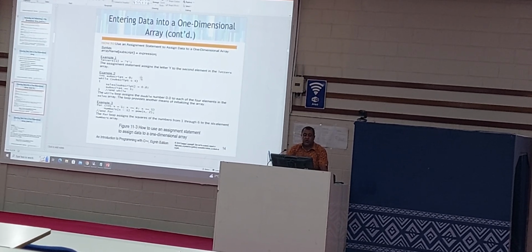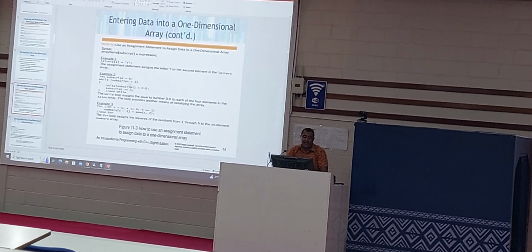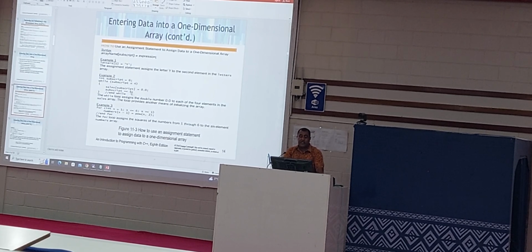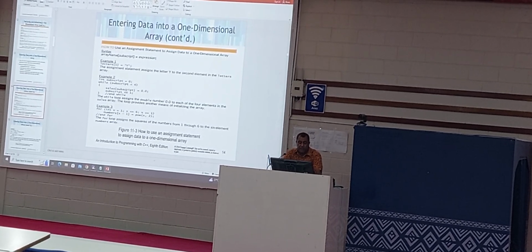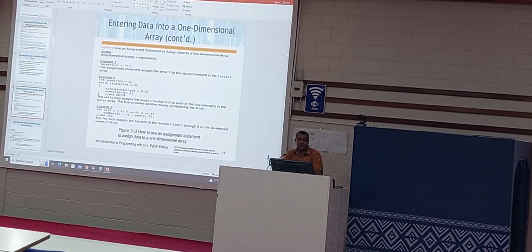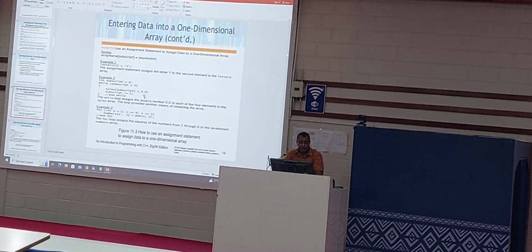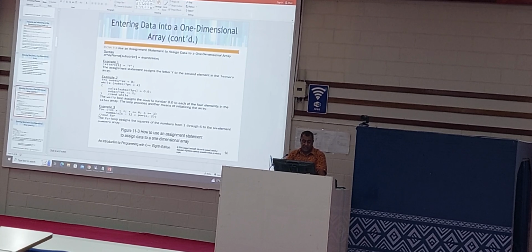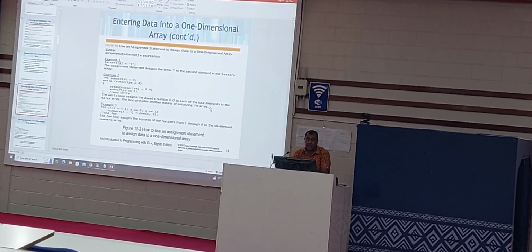Subscript is equal to 0, while subscript is less than 4, here we are using a loop. Sales subscript is equal to 0.0, then subscript plus equals 1, which is subscript equals subscript plus 1. The while loop assigns the double number 0.0 to each of the 4 elements in the sales array. The loop provides another means of initializing the array.